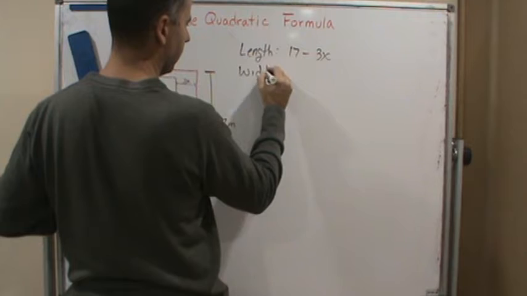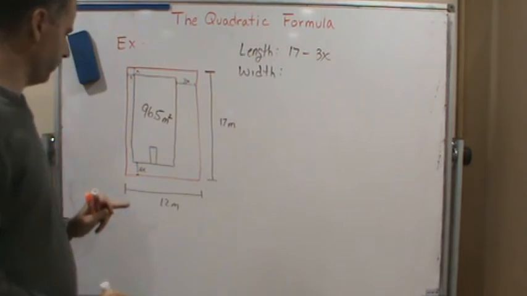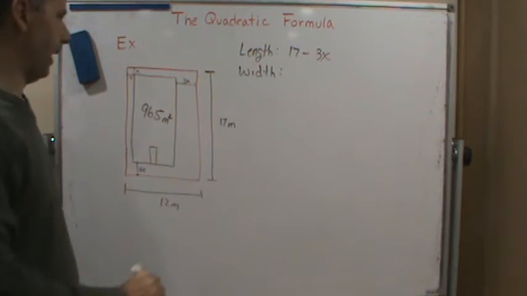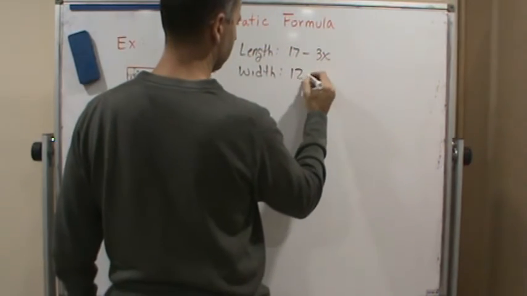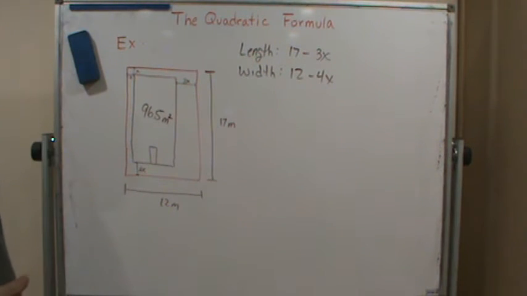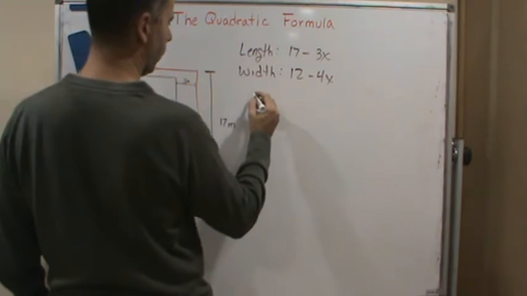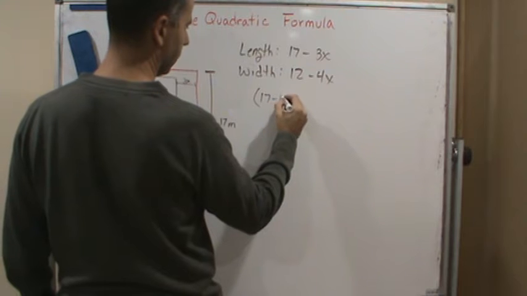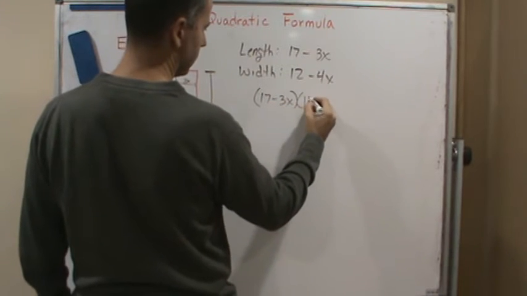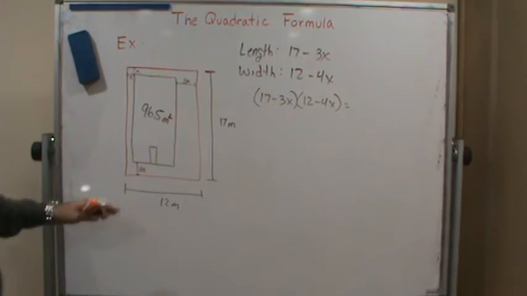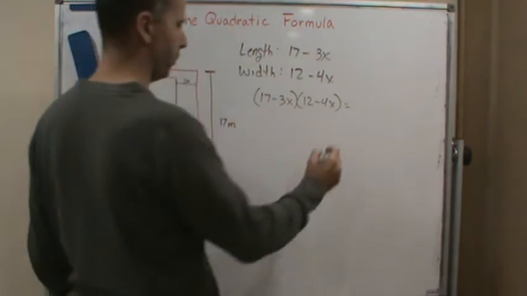And the width of the pool is 12 meters minus 4x. And we know the area of a rectangle is length times width. So length times width has to equal the area of the pool, which is 96.5.